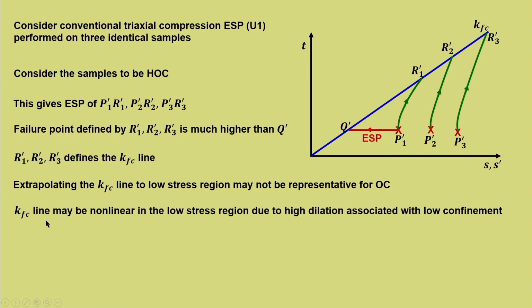In the lower stress region, the dilation will be much more free because the confinement is less. As we increase the confinement, the dilation gets suppressed. Because of this, a non-linearity creeps in. So, the KF line may be non-linear in the lower stress region due to dilation associated with low confinement, but I am not showing that in this particular plot because we know this much earlier.